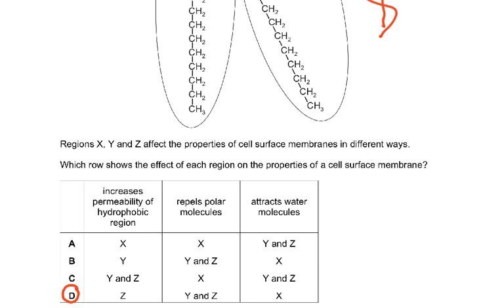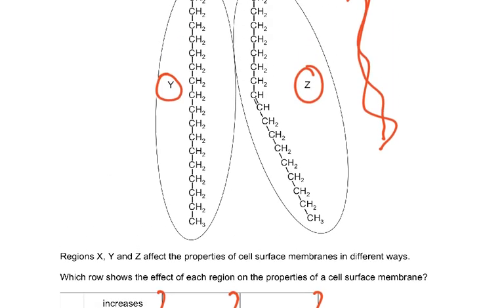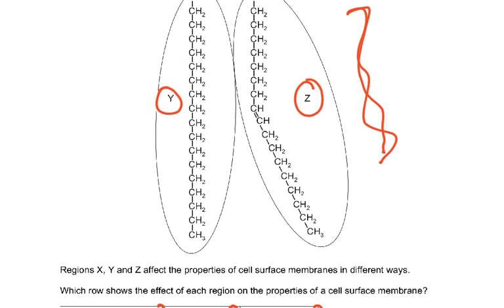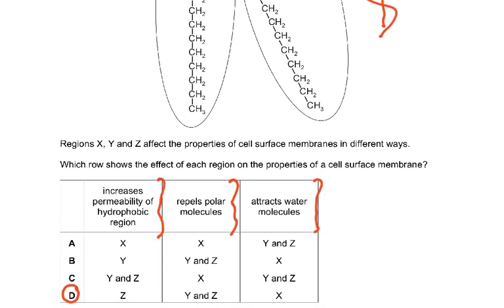So increases permeability of the hydrophobic region, repels polar molecules, attracts water molecules. Now you see, what we had to understand, Y and Z was repels polar molecules, because Y and Z are the fatty acid chains. And these are the ones which do not allow water molecules to pass. So Y and Z was correct in this and this. So we had to narrow it down between B and D. Now what you had to look at is, was Y correct or Z correct?